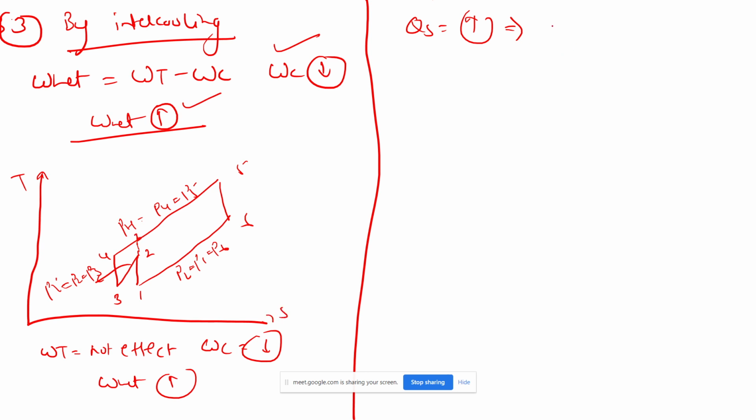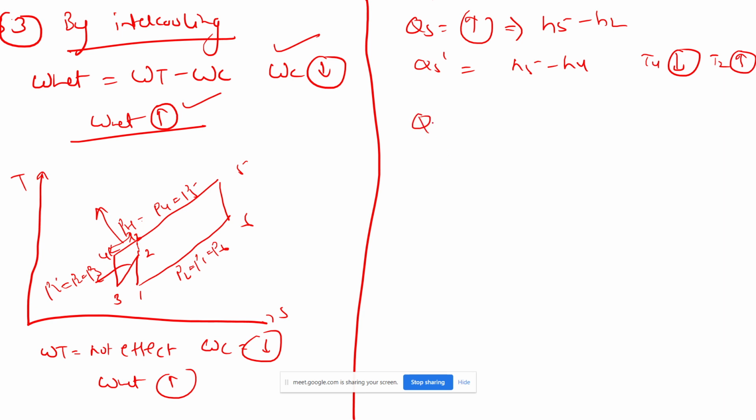So what was the heat? H5 minus H2. Now QH dash will be H5 minus H4. Since temperature T4 is lower than T2, heat addition will increase by this much.